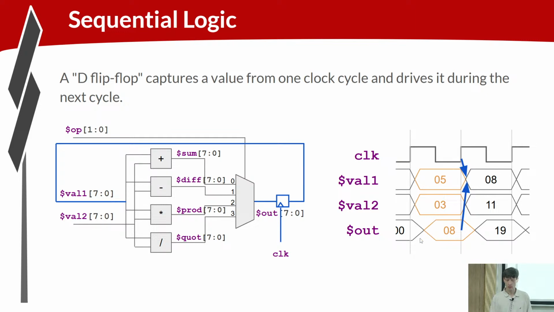So in this period, output is not stable. And then it will stabilize on 5 plus 3 is 8. And be stable for some time until the clock comes along and captures that value to carry it forward, right? So a somewhat realistic view of the timing here might look like this.